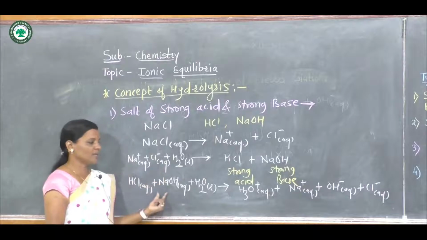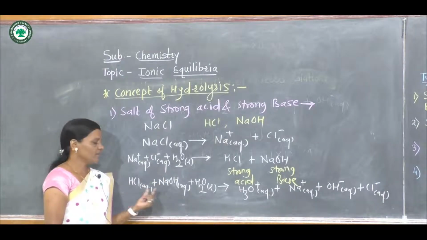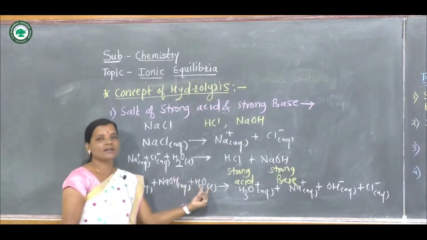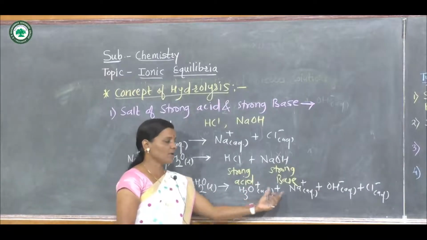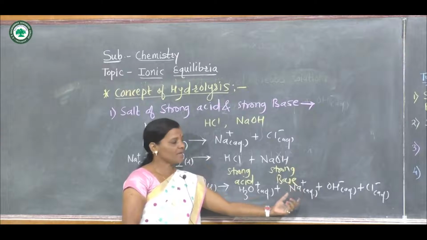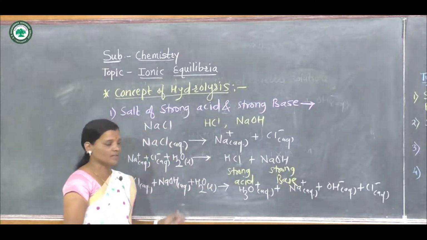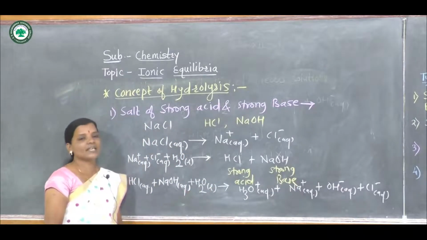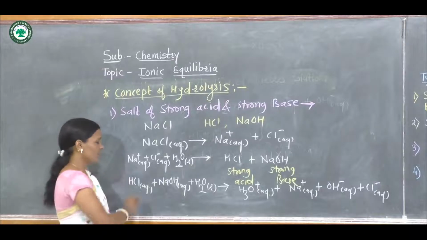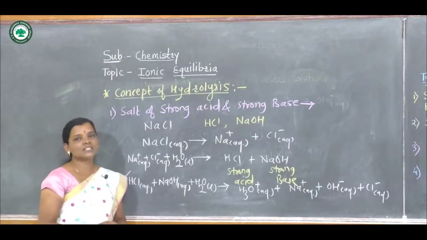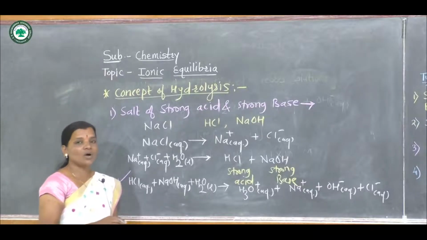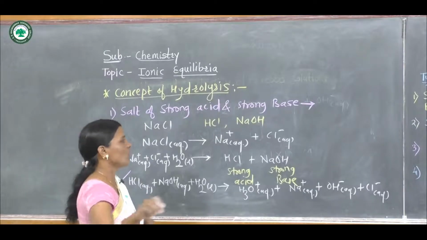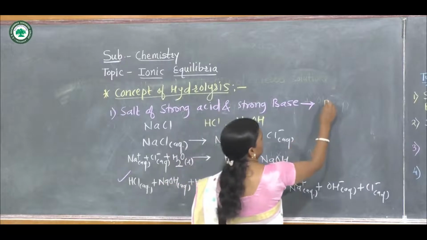But actually in that water, what is there? Here HCl and NaOH react with ions of water and we get formation of hydronium ion, Na plus ion, OH minus ion and Cl minus ion. Now if we observe this reaction, all the reactants and products are the same and they get cancelled out, and hence the pH of such type of salt is 7.